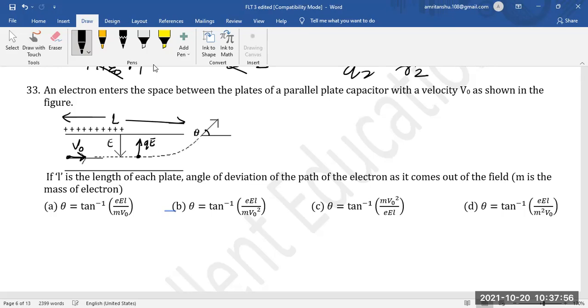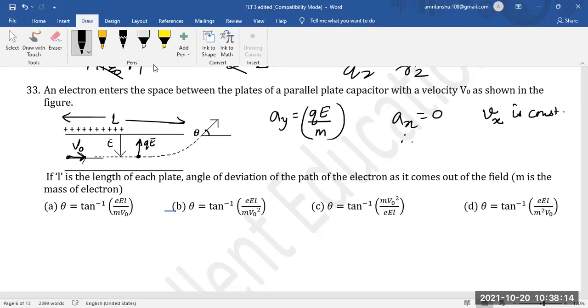So the acceleration along y direction is QE by m, and acceleration along x is 0. So velocity along x remains same.